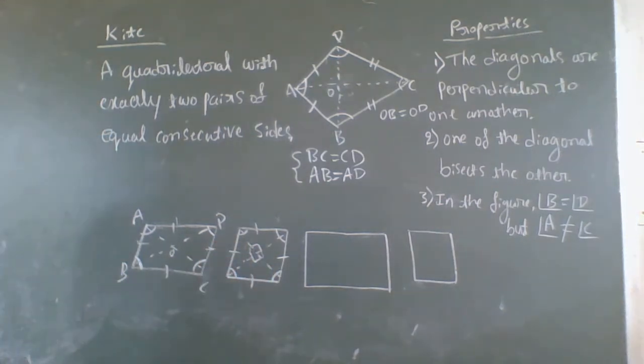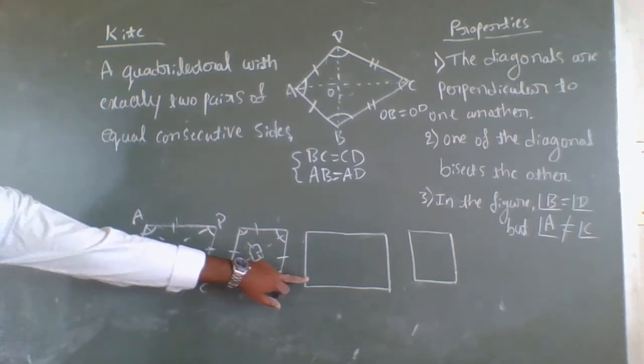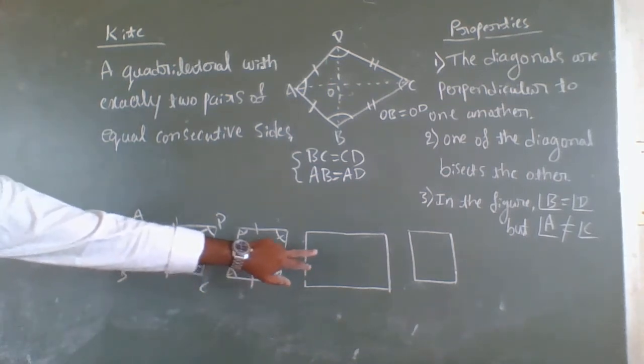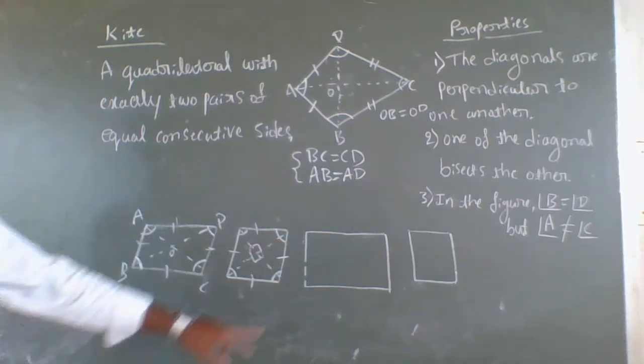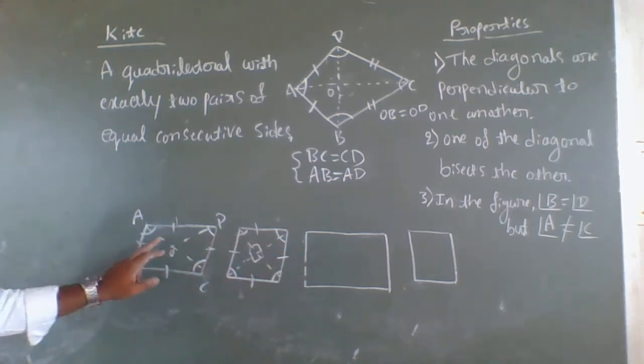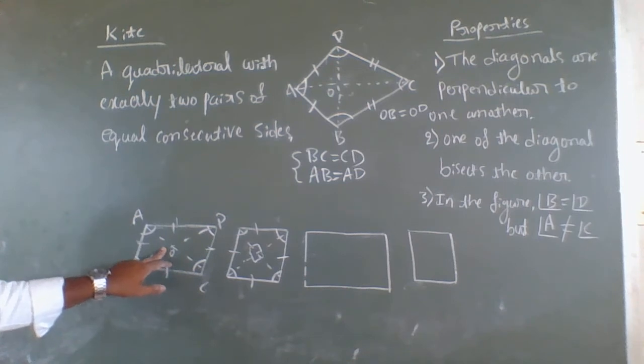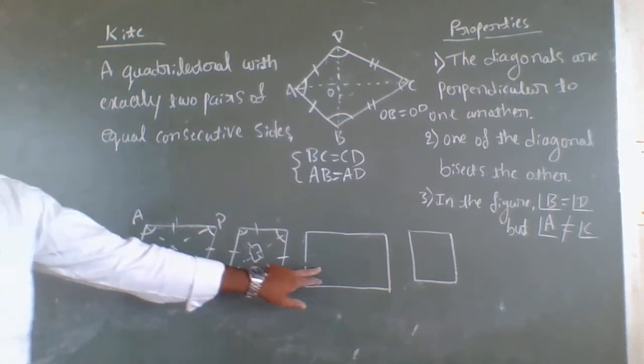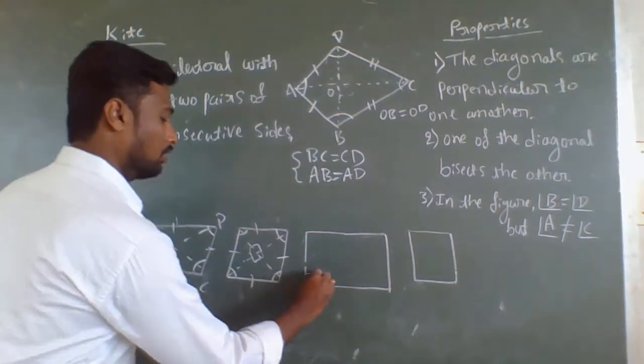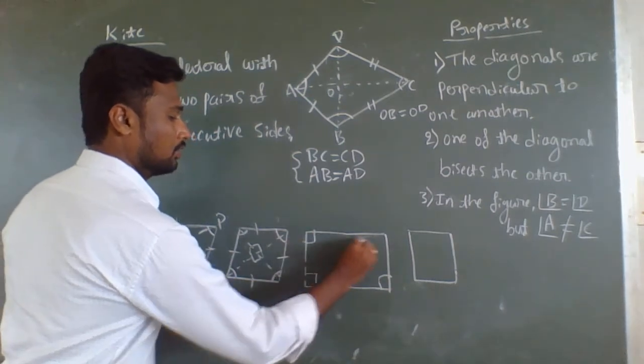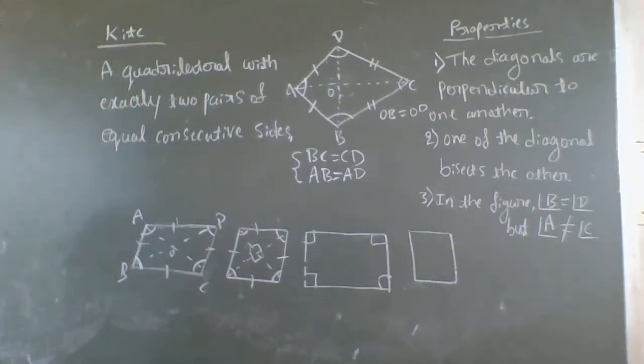And the next one is the rectangle. A rectangle is also a parallelogram, but here all the angles are 90 degrees.